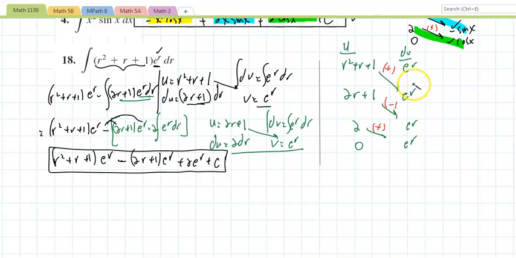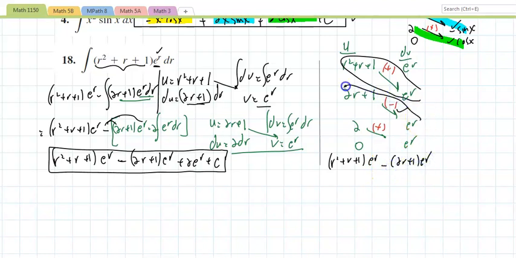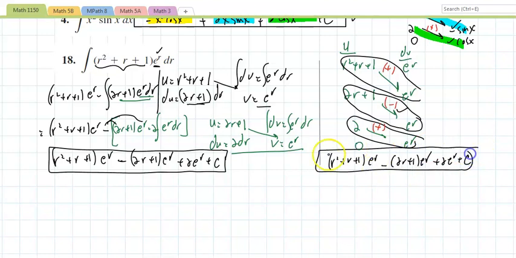That would be the product of those. That is r squared plus r plus 1 e to the r minus 2r plus 1 e to the r, the product of those, plus, and what do you know? Those are the same.